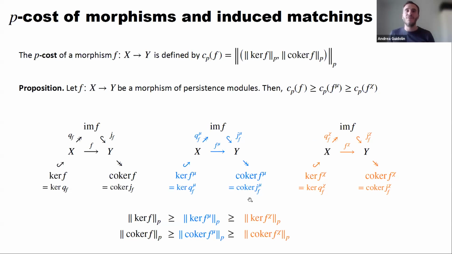And by the previous theorems, we know that we can only decrease the p-norm of the kernel and also of the co-kernel in this process. So this simplification of morphisms in terms of matchings is actually very well behaved with respect to this notion of p-cost. It decreases the p-cost.